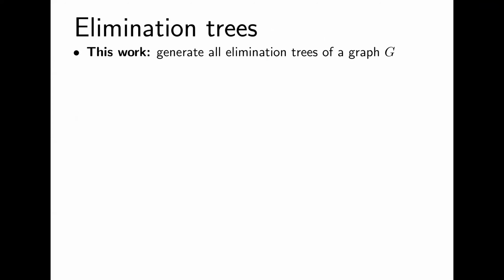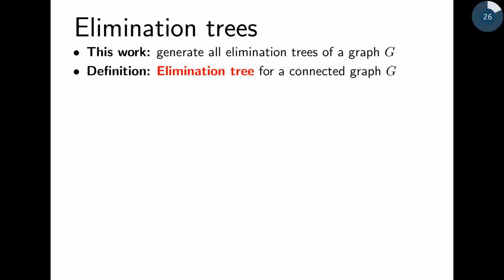In this work, the class of combinatorial objects that we want to look at are elimination trees of a graph G. So let me first define what an elimination tree is. We start with a connected graph G. And what we do is we remove vertices of G, one after the other. And we put those vertices into a tree.